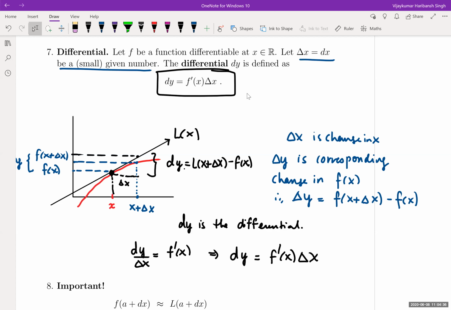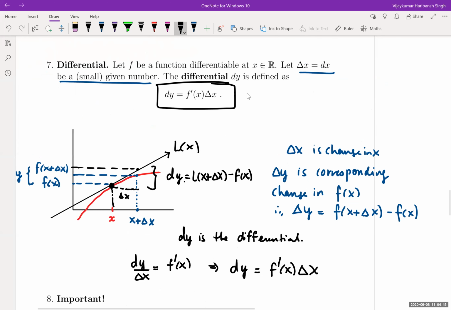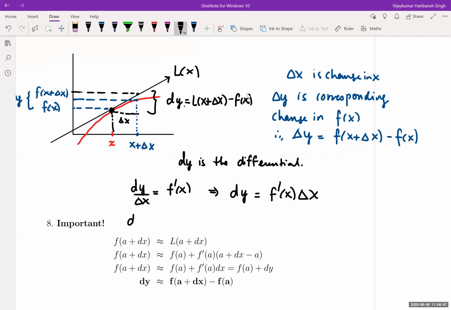Okay. So let's see. Delta x and dx are used the same way. Delta x and dx are the same thing. But delta y is not the same as dy. It is approximated by dy, right?